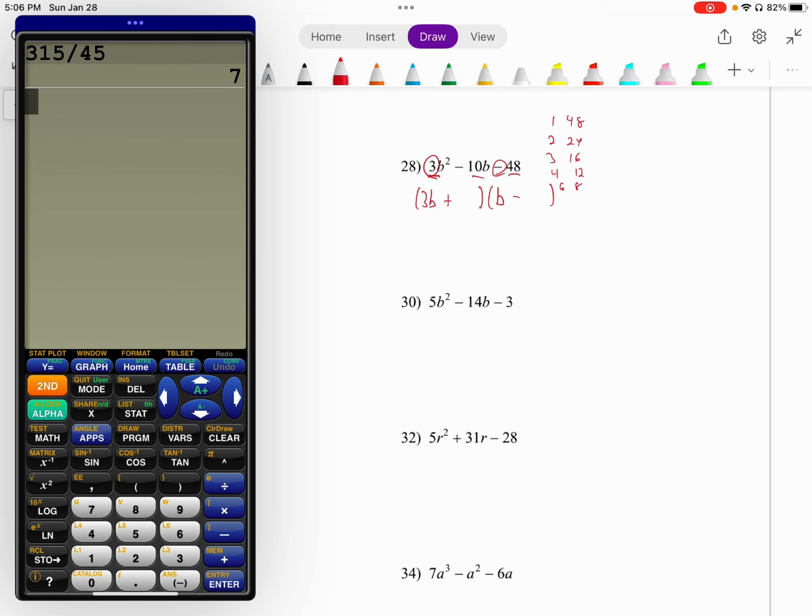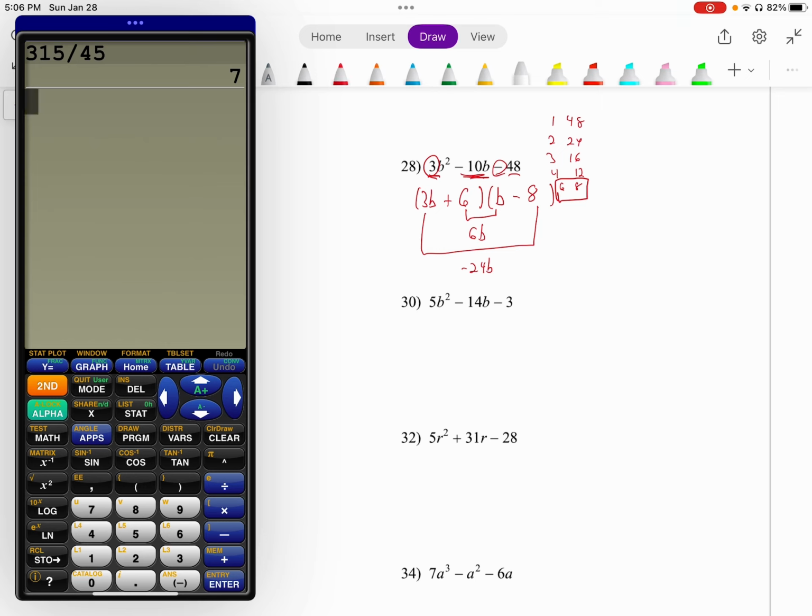We may switch those at some point if they aren't working out. I actually like to start at the bottom here when I do my guesses, if I put them in order like this. So let's try 6 and 8. That's 6b and negative 24b. Add those together, you get negative 18b, which is not negative 10.